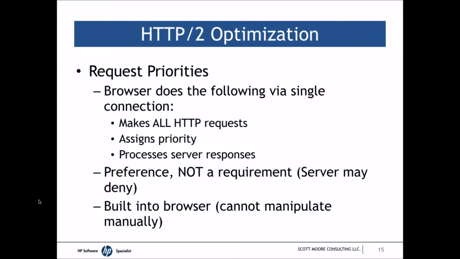So it may put a higher priority or a higher weight on text-based files like HTML, CSS, client-side JavaScript, and then put a different weighting on GIF images or something else. Again, this is something that the browser vendor is going to decide how to do.